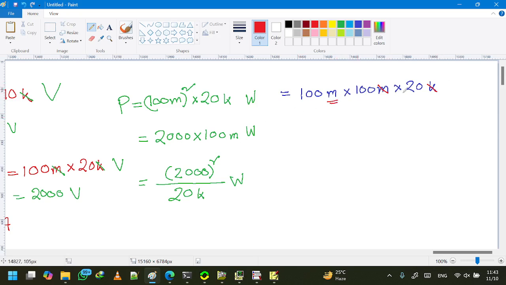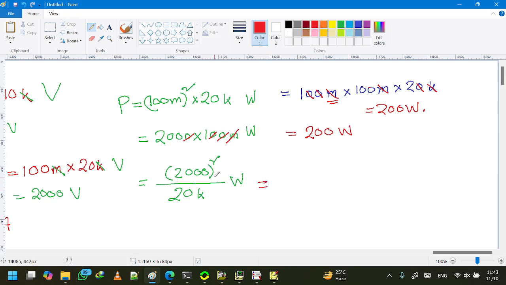The result is we can cross this milli out by crossing out 3 zeros. So we have 200 watt. This is our answer. Let us check if it is okay. From the second expression we can again have 200 watt.